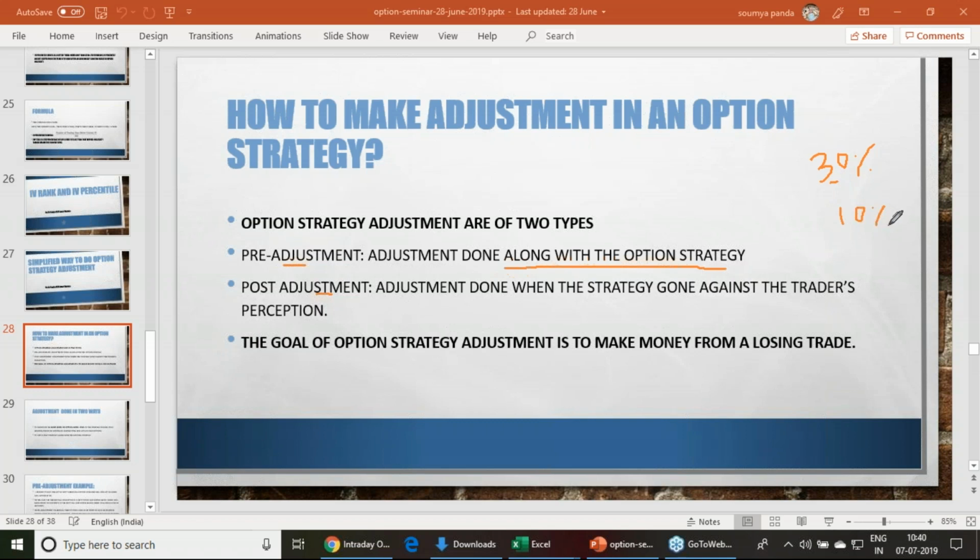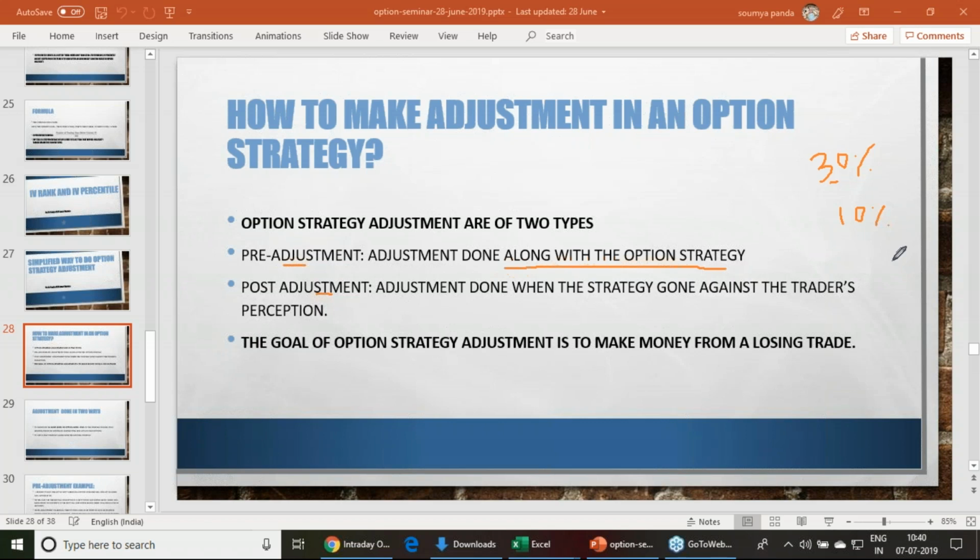You can add some of the same strategy, same constitution, to bring it back to 30%, or increase buying of options, one lot, to increase it to 30%. So these are post-adjustments. Not only buying, you can also sell and form an adjustment.